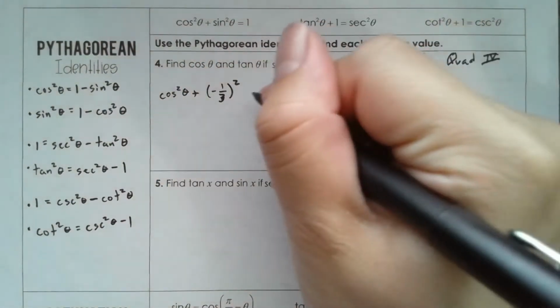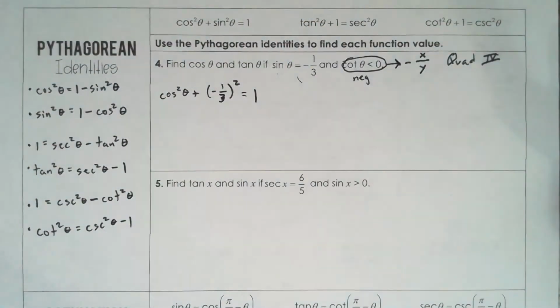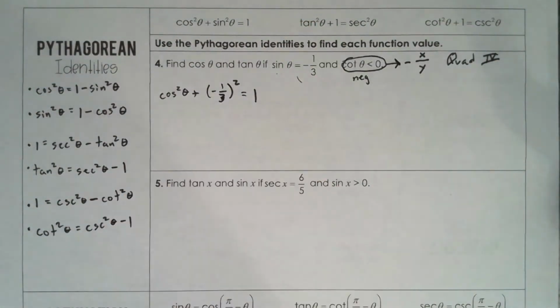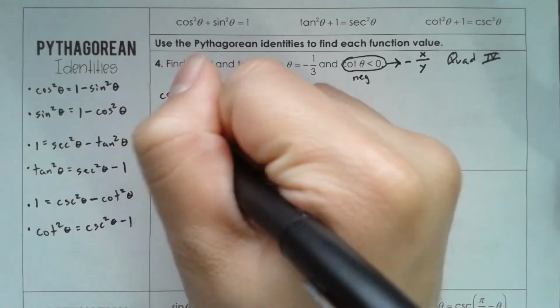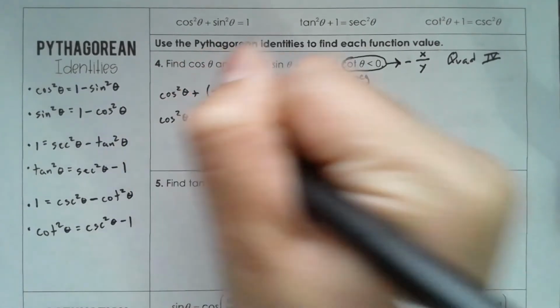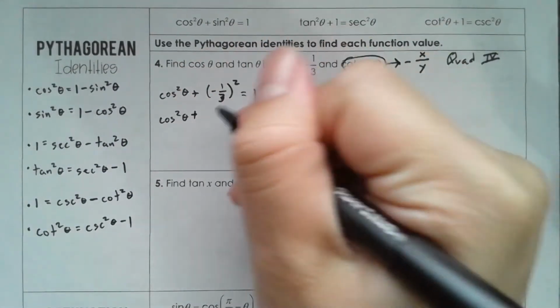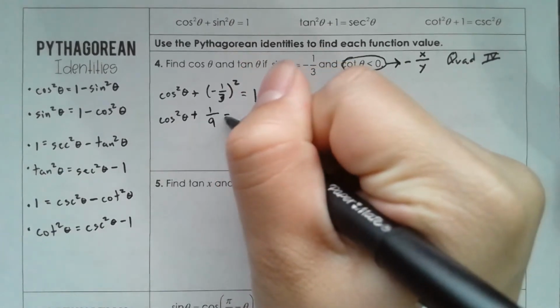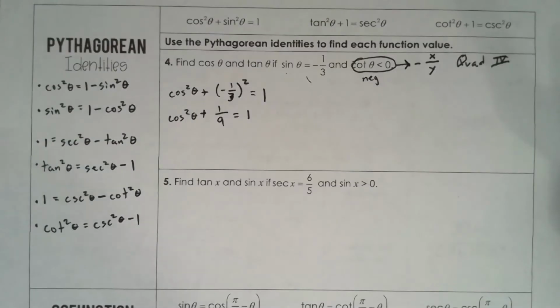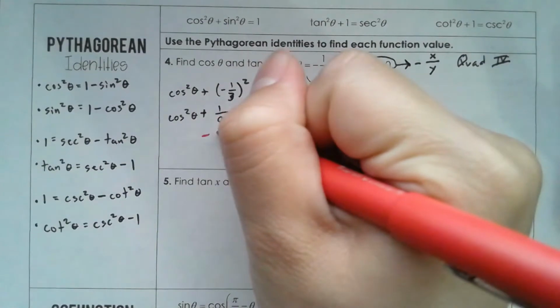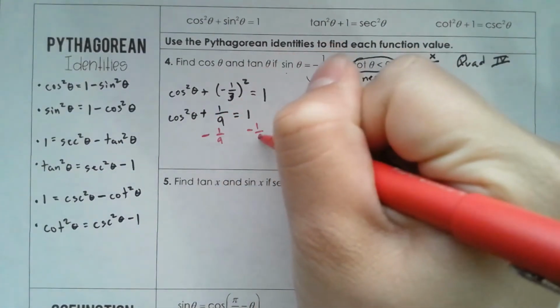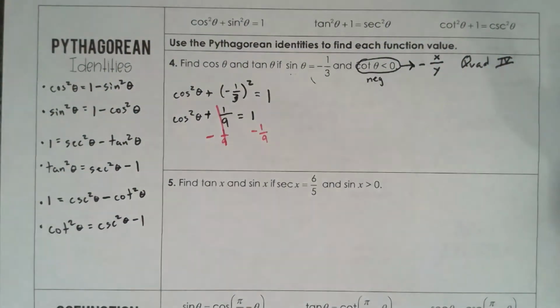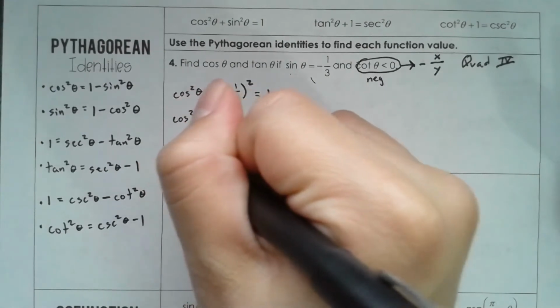So I'm going to solve for cosine squared theta. Cosine squared theta plus negative 1/3 squared, that gives me 1/9. That's equal to 1. I'll subtract 1/9 from both sides. So then cosine squared theta is equal to 1 minus 1/9.